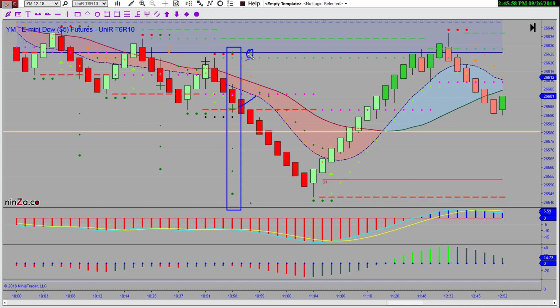You can just barely see one. It just happens to be right on top of the bottom of the 5-minute opening range. I apologize for that one, but you can see the green dot over here and here for this one here.